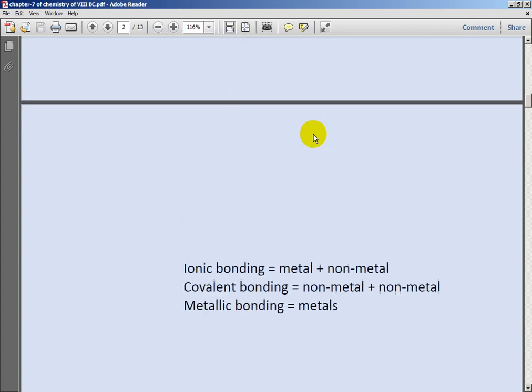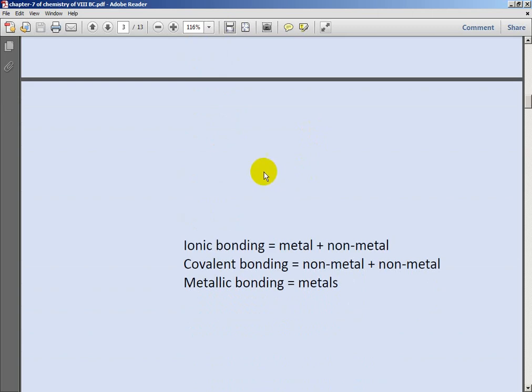Okay, so far at IGCSE level, we will discuss three types of bonding: ionic bonding, covalent bonding, and metallic bonding.